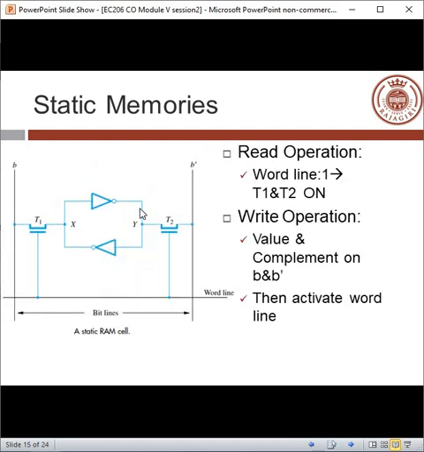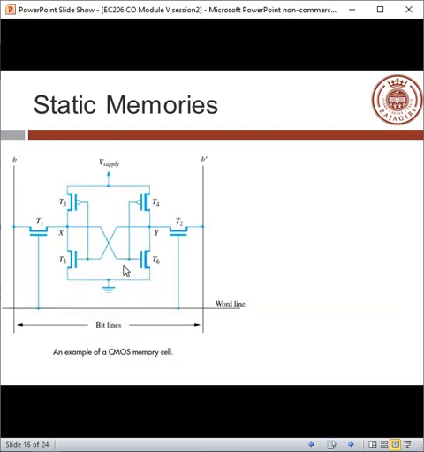The first inverter is built using one NMOS and one PMOS. The second inverter is also built using one NMOS and one PMOS. Shown over here. And this is the gate for the first inverter, and this is the gate for the second inverter.